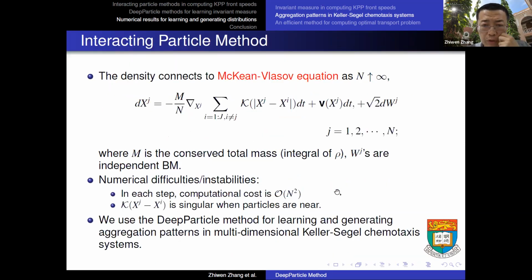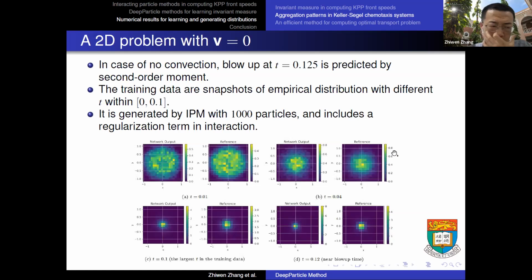Let me show you. First, the advection is 0, there's no advection. For the 2D problem, this is a well-studied subject. People proved that when the initial mass is bigger than the critical mass, this system will blow up in finite time. The solution will blow up.